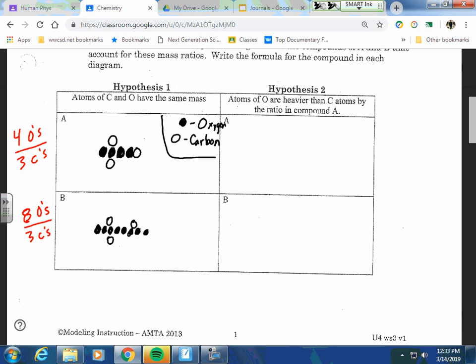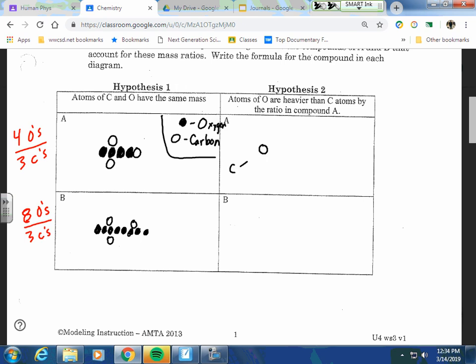For compound A, what was that ratio? And what was the first number we found up there when we took the 57.1 and divided by 42.9? 1.33. Okay, so if I do that, if I had a carbon, all right, here's my carbon. Should have did them the other way around.